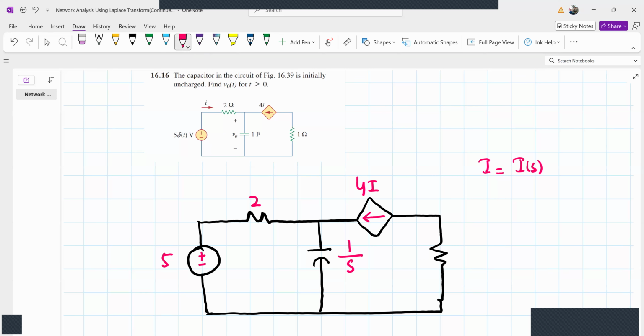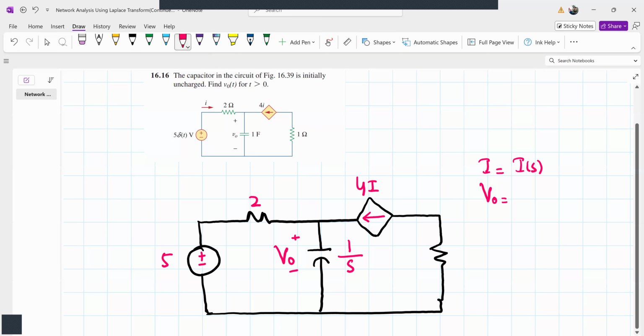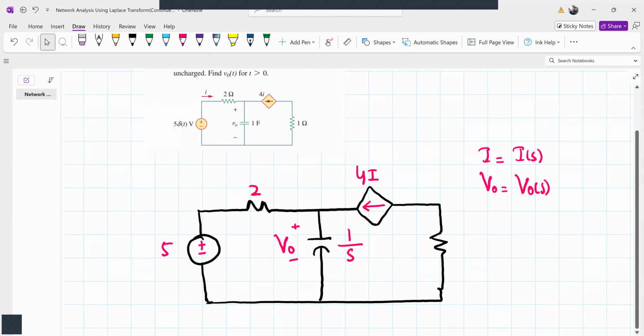C is 1, so it will be replaced by 1/s. So V0 will be V0(s). This is the notation, so we'll drop s in these notations. We know these are functions of s. Now the 1 ohm resistor will be replaced by 1. So this is our circuit, and then we have a current I that is flowing like this.